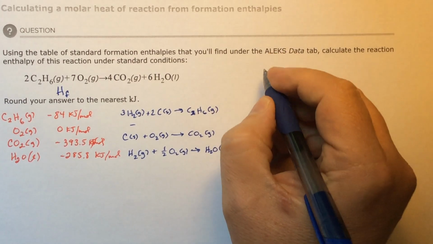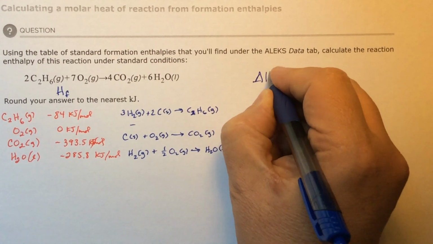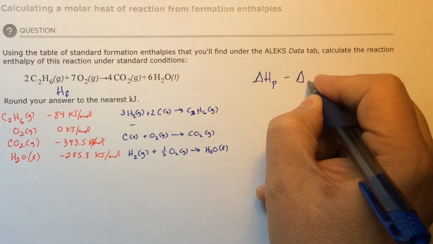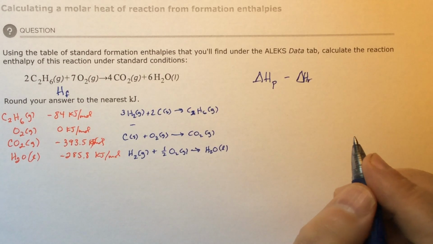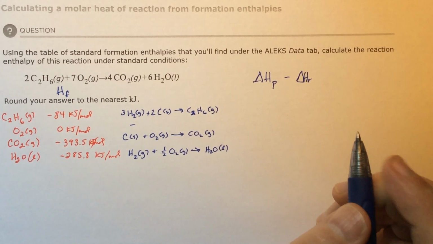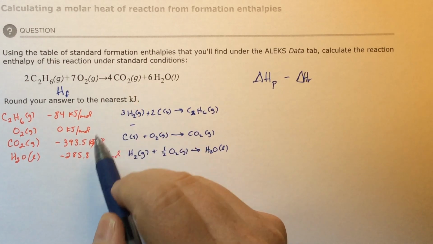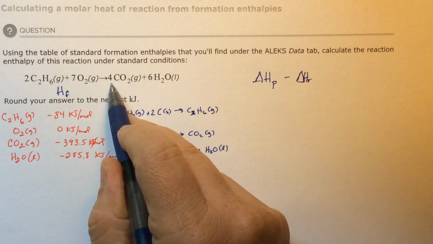Okay. You're going to take the enthalpy of the products and you're going to subtract the enthalpy of the reactants. This is delta H of the reactants. All right. So your products, you're going to take whatever carbon dioxide is, the negative 393.5, multiply it by 4.